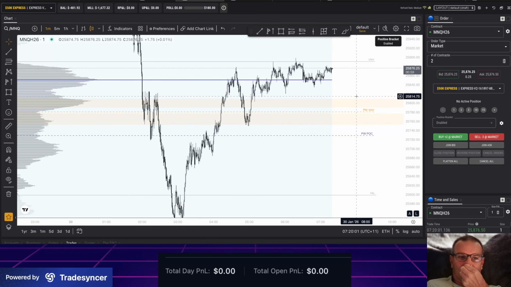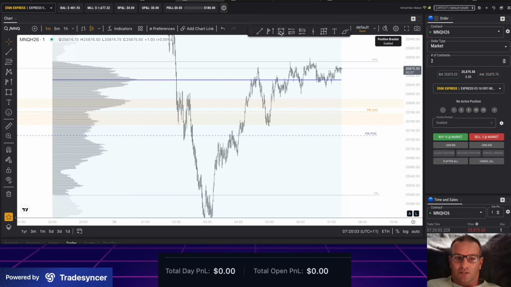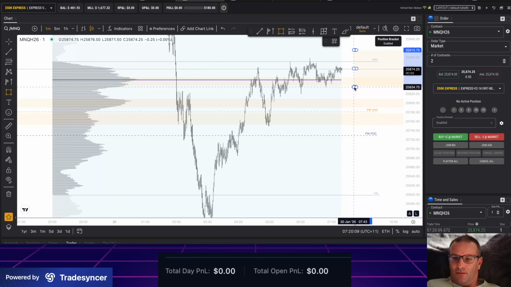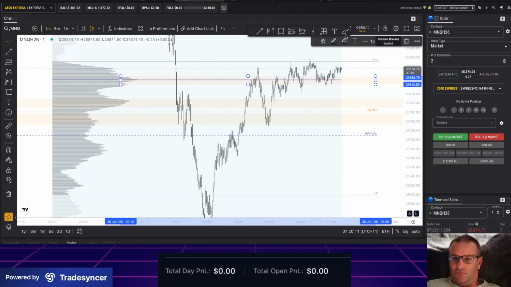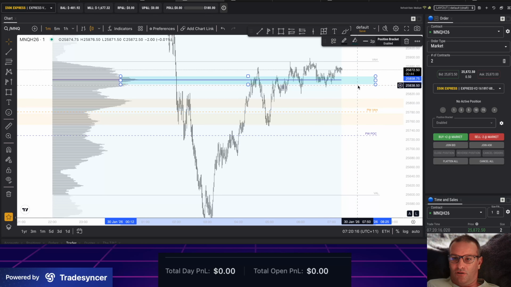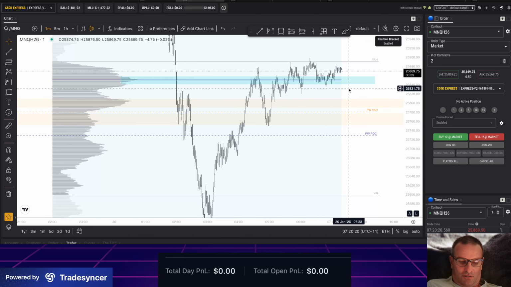All right, above we've got, let's put in some high volume nodes here. So above we have obviously the current session's value area high, which is here. We've already tapped across that a couple of times.